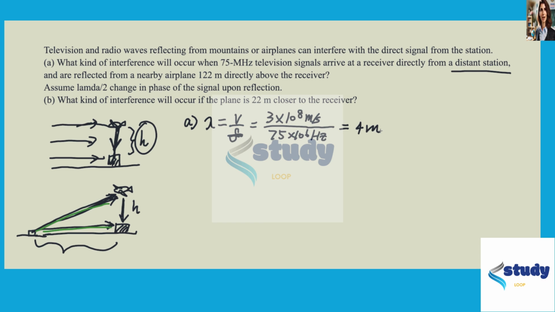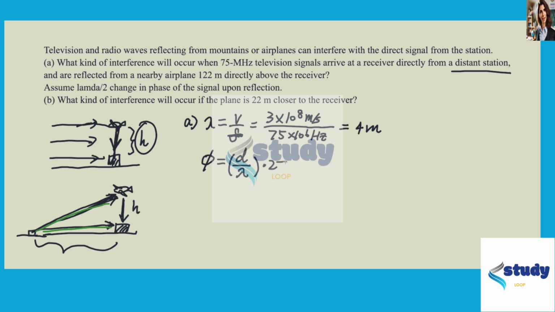So what is 122 meters in terms of lambda? We want to calculate the phase shift, and to do that we want to know the distance d over lambda. That is how many wavelengths we have in this distance.